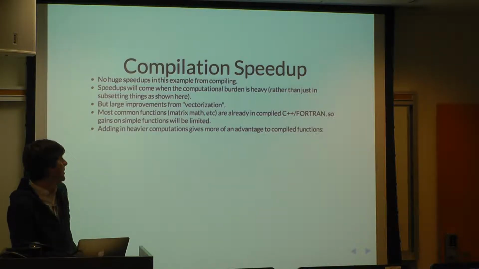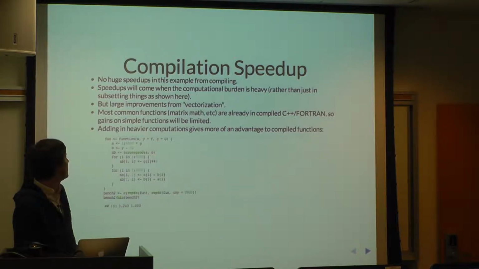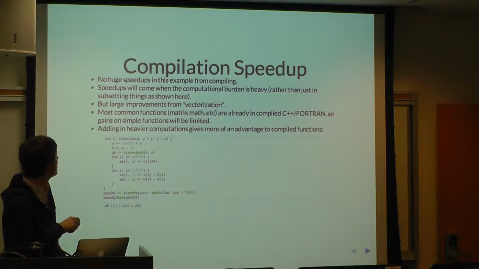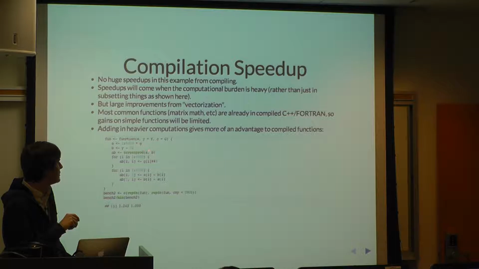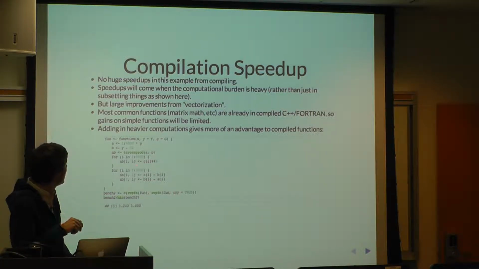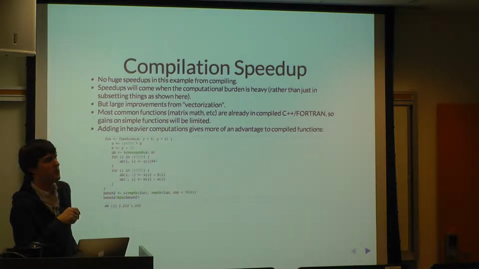So adding in heavier computations gives more of an advantage to compiled functions. Here I'm taking the same stuff that I've been working with, and I do some multiplication, some subtraction across vectors, then I calculate a cross product, which you would think would be pretty slow, and then I run a couple of for loops, which we know should also be pretty slow.